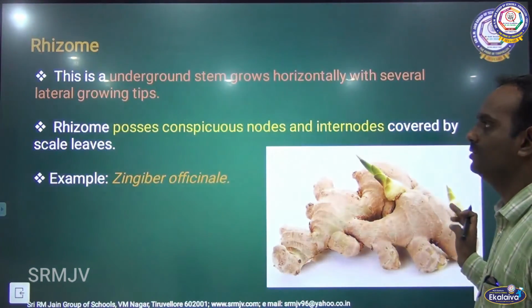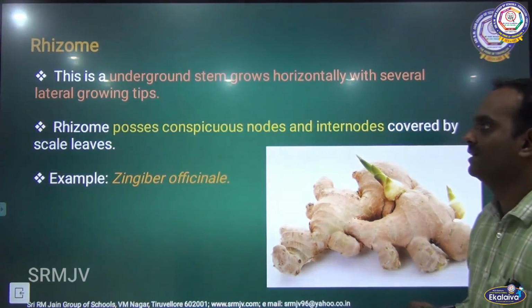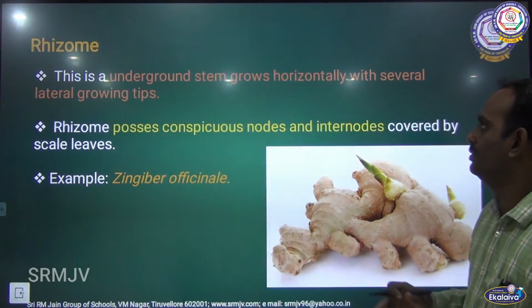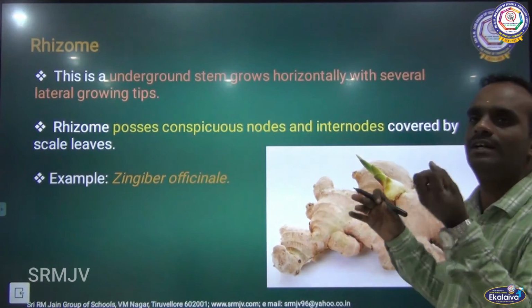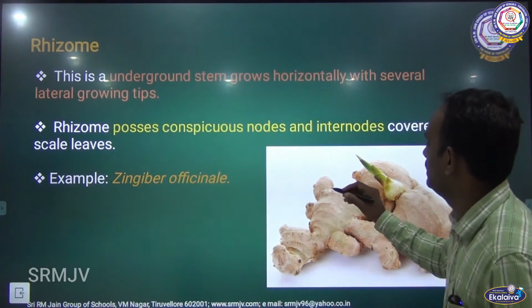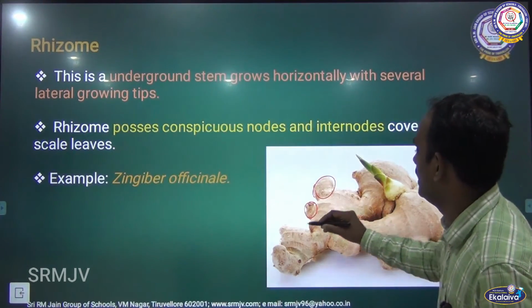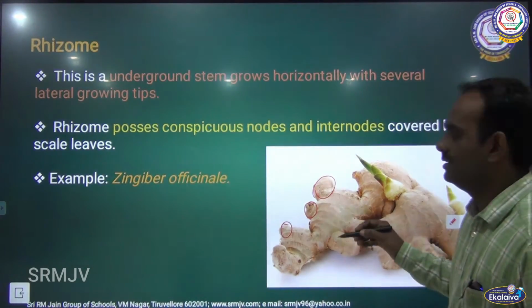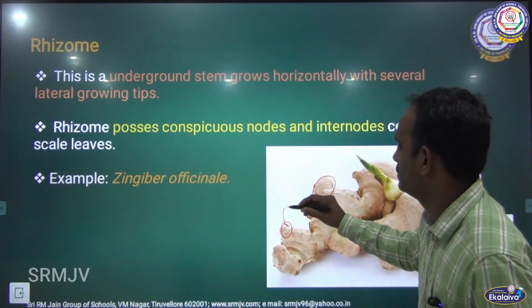Next we move on to the rhizome. See the picture here. This is an underground stem growing horizontally with several lateral growing tips. See here, so many horizontally growing lateral tips.